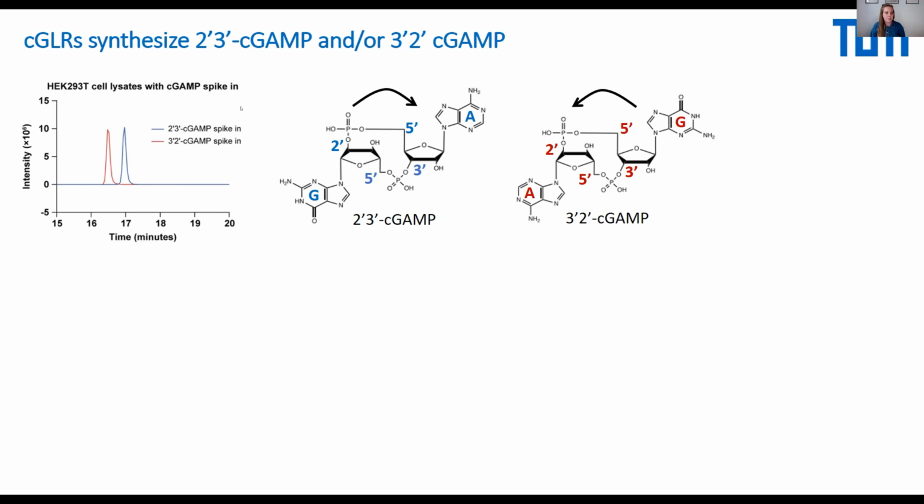But what you can see here is the chromatogram from when you take just cell lysates that are not expressing anything, and you do a spike in with 2 different types of scan. We've already come across the 2', 3' scan, and then you also have the inverse one, the 3', 2' scan, and that becomes important in a moment.